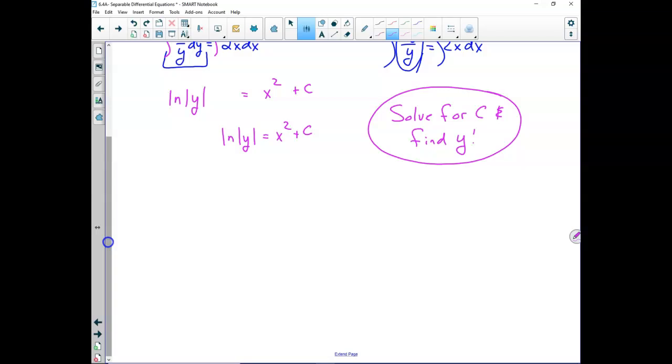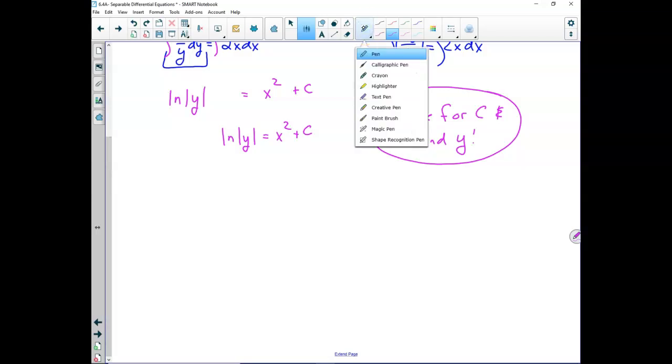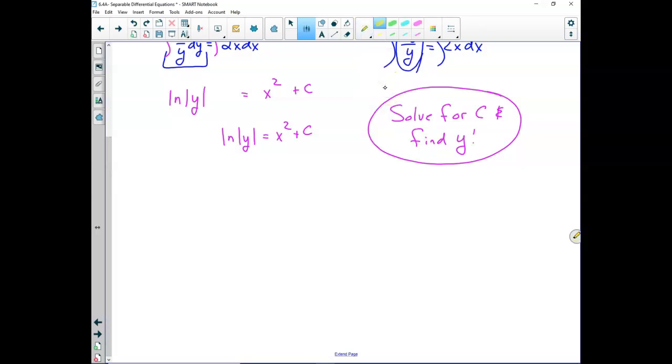Here is Kruger's philosophy. When I have one of these in there, I will always solve for y first because that c is going to come out. I don't have to. I just feel the algebra is easier when I do that.